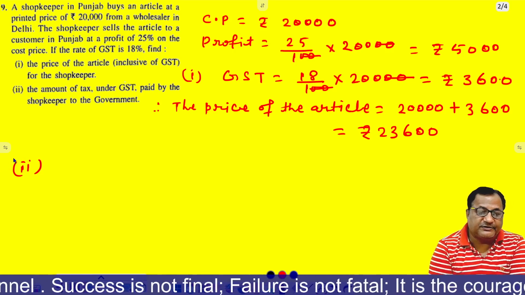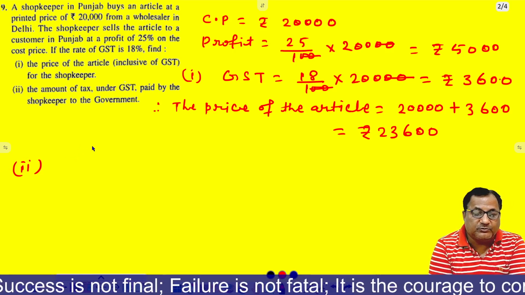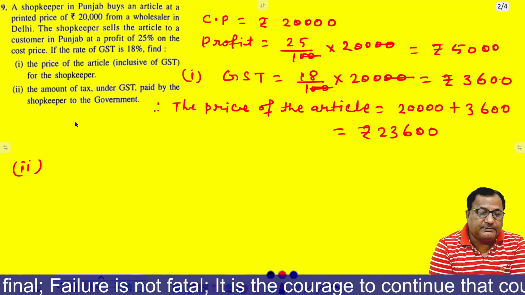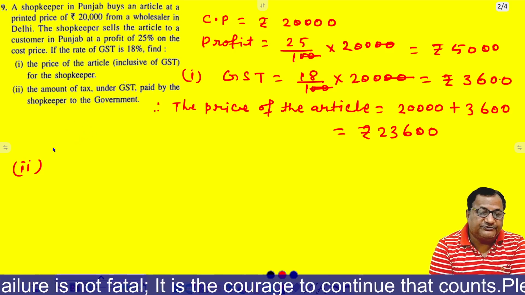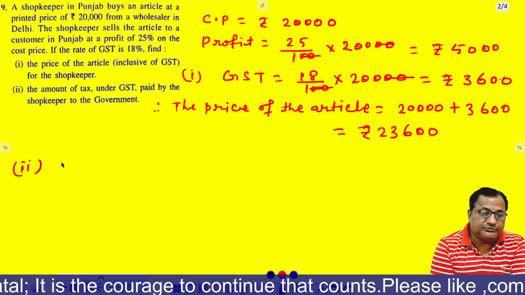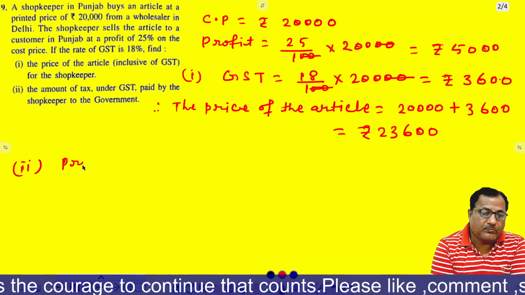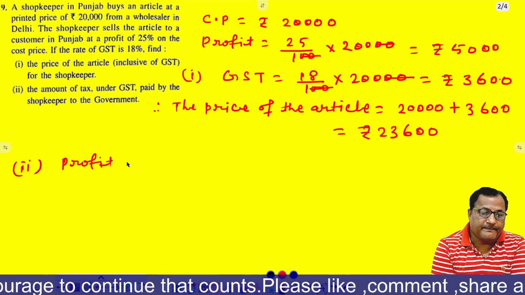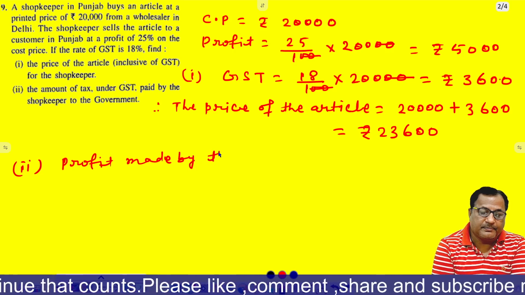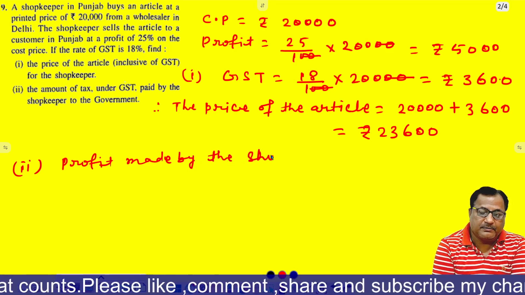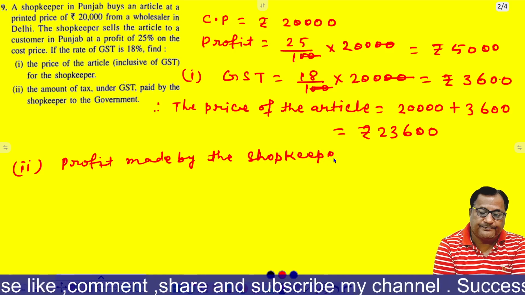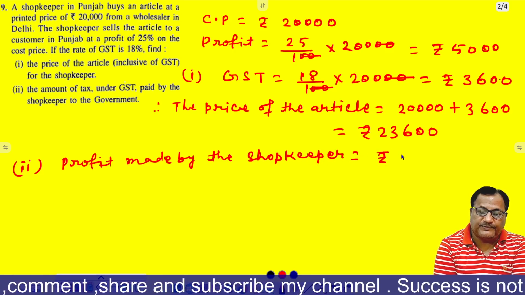The amount of the tax under GST paid by the shopkeeper to the government. So we can find GST on the profit made by the shopkeeper, which is rupees 5,000.